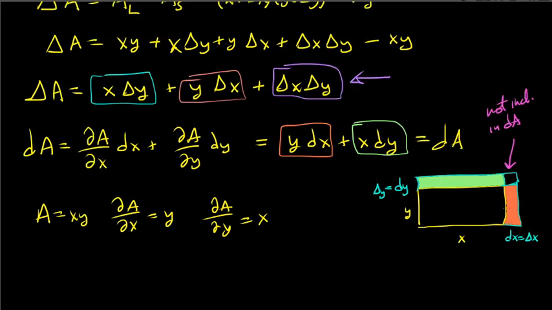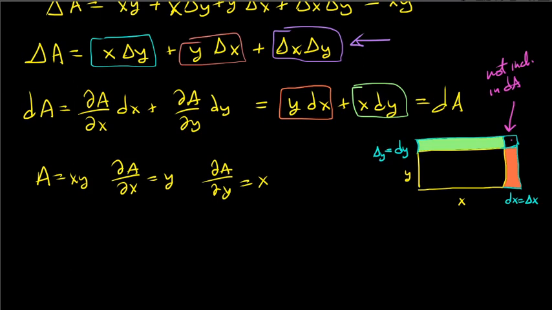Effectively, this tiny rectangle up here is so small that for all practical purposes it can be neglected, it can be ignored without too much error. So dA is essentially just an approximation. You can think of dA as really just delta A minus the delta x times delta y.